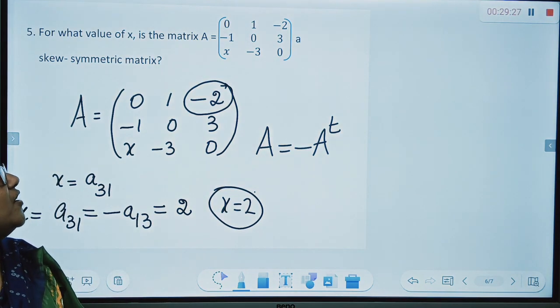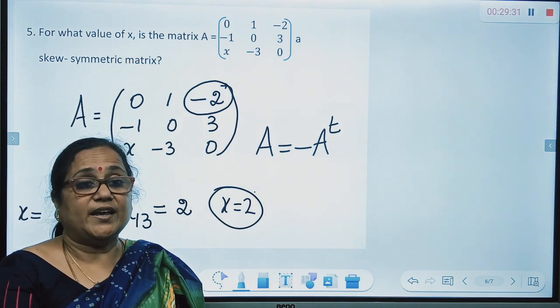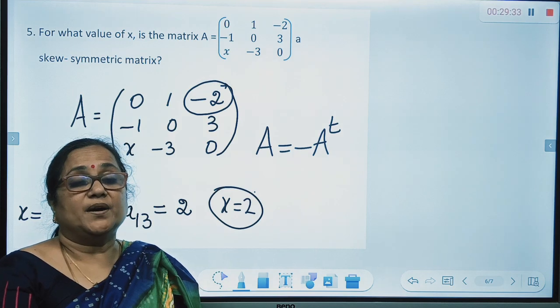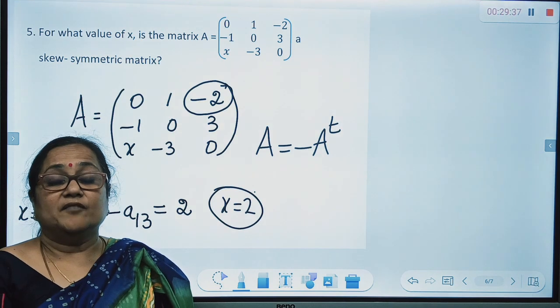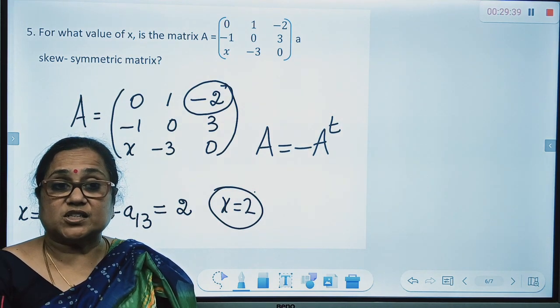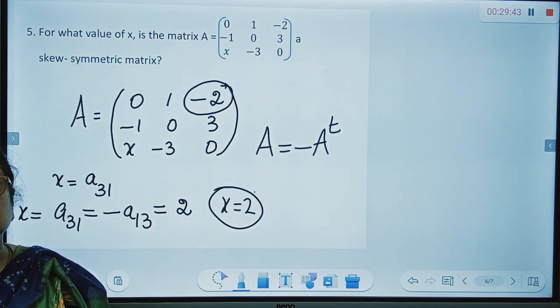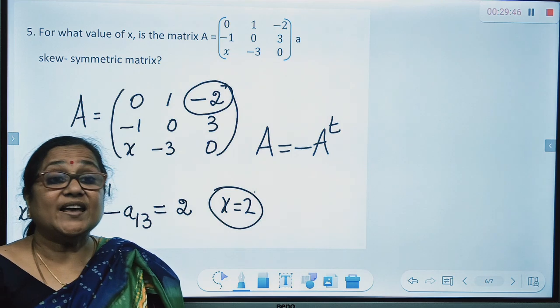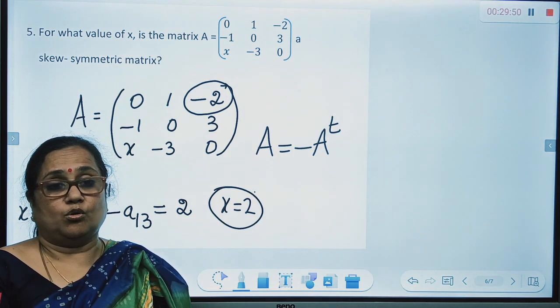Then as far as symmetric and skew symmetric is concerned, we also saw the definition: A equal to A transpose for symmetric, which means Aij is same as Aji. For a skew symmetric, Aij is minus Aji. And most importantly, in a skew symmetric matrix, since Aii equal to minus Aii, the diagonal elements will be 0.